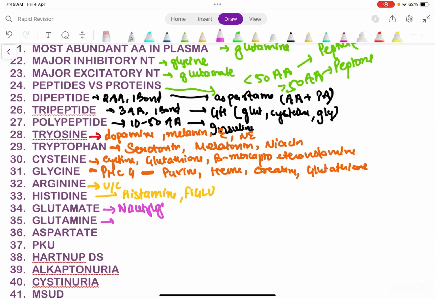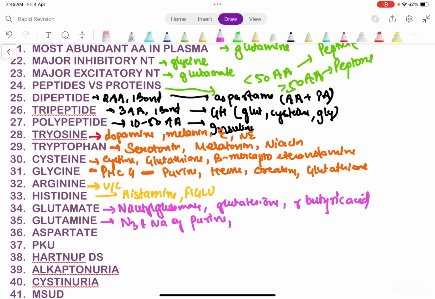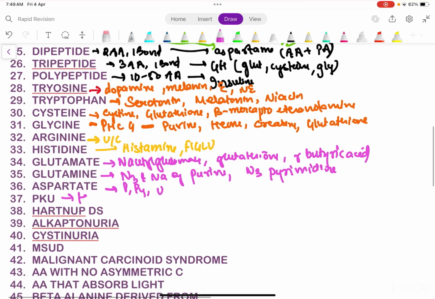Glutamate gives N-acetyl glutamate, and is used for glutathione and gamma butyric acid. Glutamine is responsible for the N3 and N9 of purine and N3 of pyrimidine. Then aspartate is responsible for purine, pyrimidine, and urea synthesis.